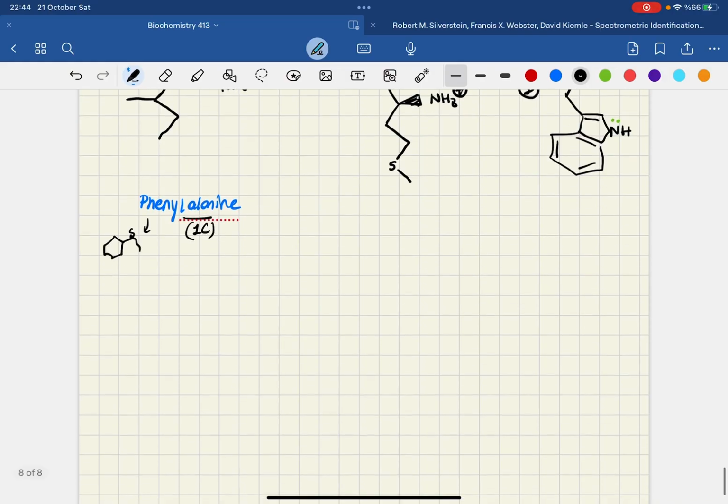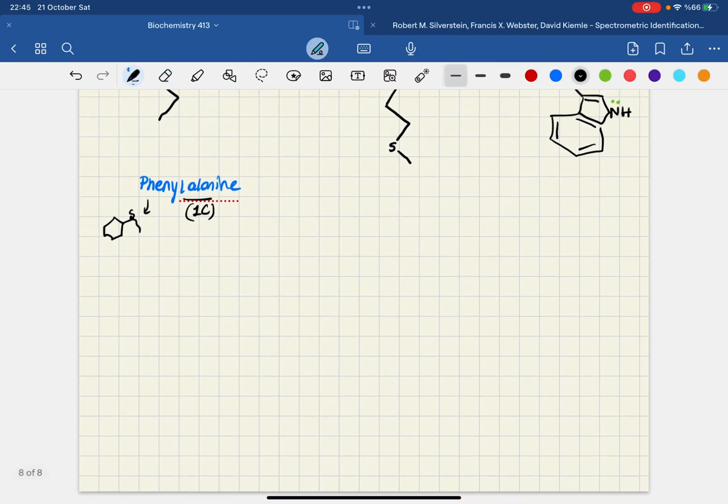So if we combine these two pieces of information, we can easily see that we will have one carbon attached to the beta carbon, and then we will have a phenyl group that comes consequently.